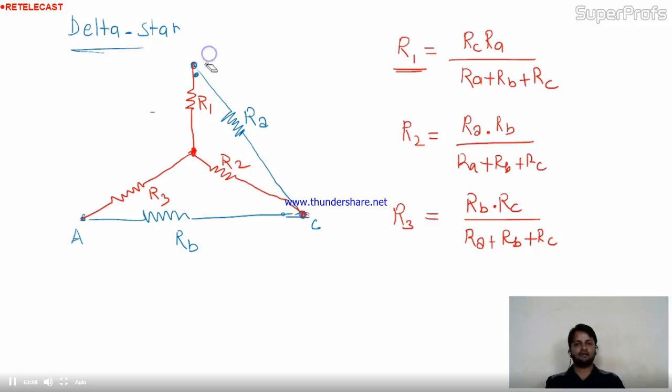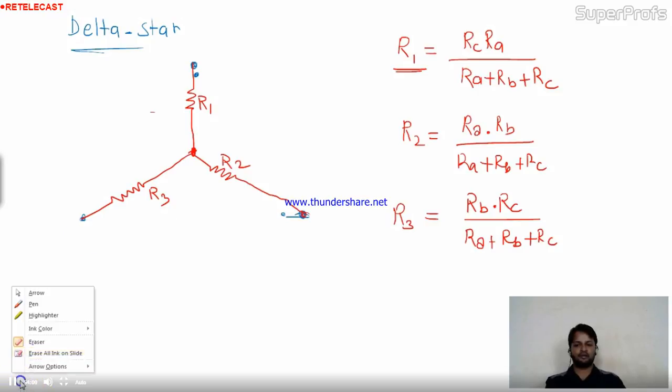You converted the delta connection into star. Is it okay? So this is delta to star and star to delta conversion or transformation. Is it okay to you people? Good. Now come here in the next slide.